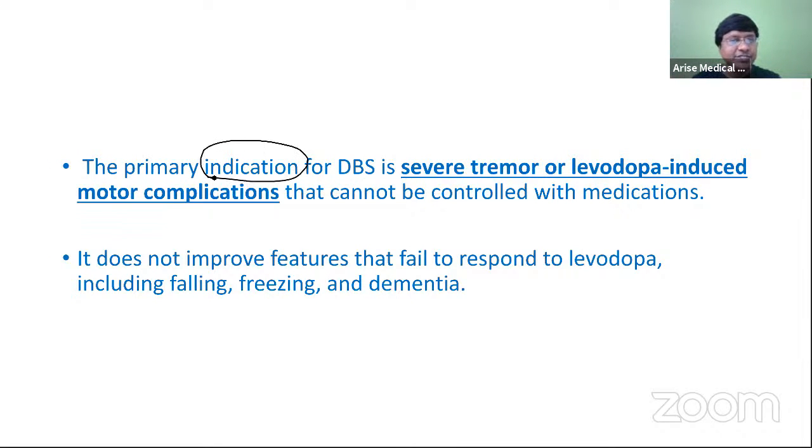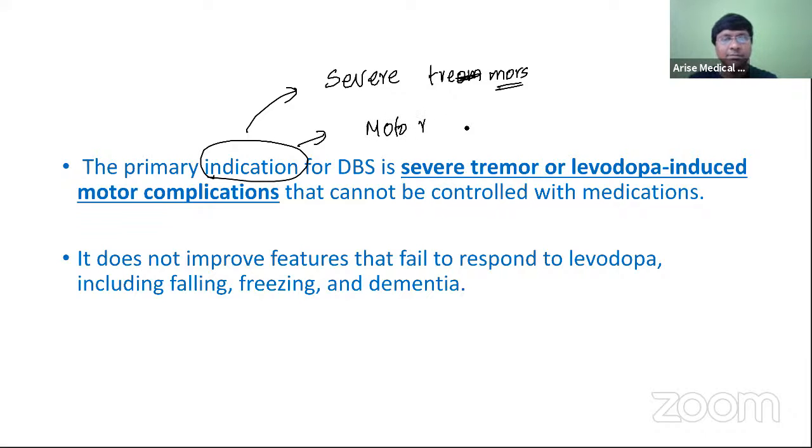The primary indication is the presence of severe tremors in spite of giving levodopa. The other indication is levodopa induced motor complications, where we use deep brain stimulation.